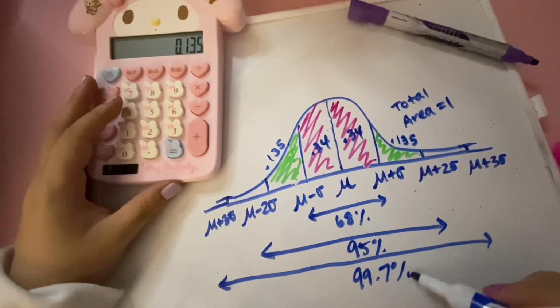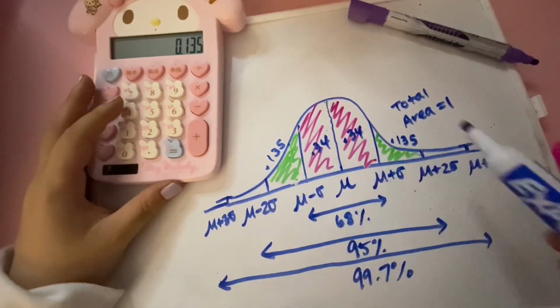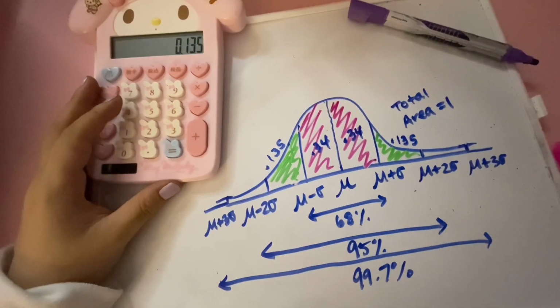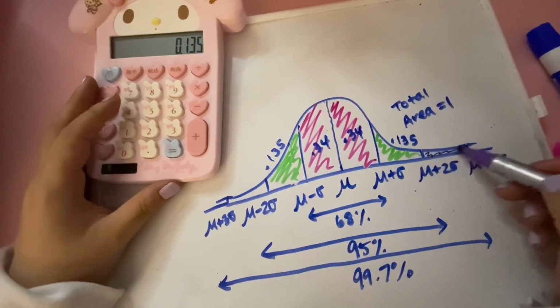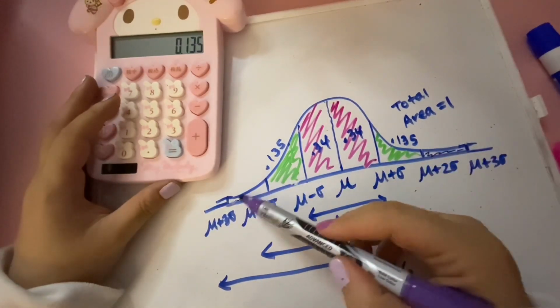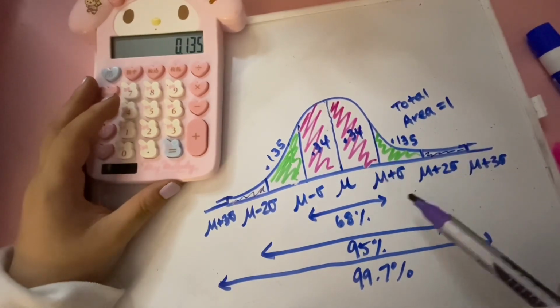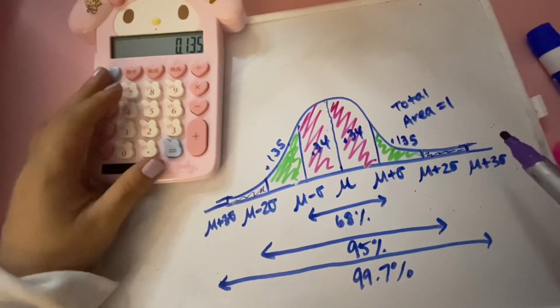So by the time you get to 3 standard deviations away from the left or the right, you're at 99.7%. So we can just fill in this last little area here. You can see that it's getting smaller and smaller. So at first, going from 1 standard deviation to 2 goes from 68% to 95%, but then going one more standard deviation is much less of a difference.